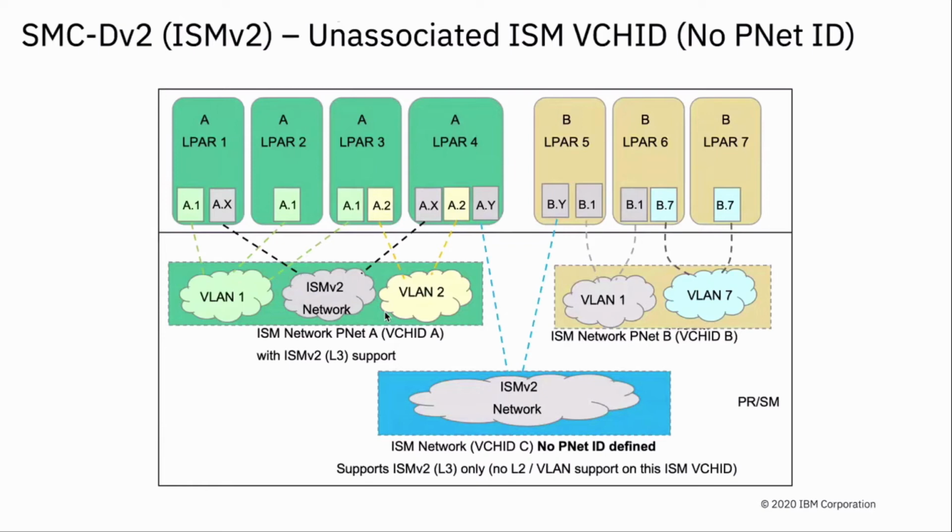All I did was define a VCHID, leave the PNetID off, and provision a FID to LPAR 4 and 5, and off they go. I'll use that FID depending on who I'm communicating with. The ones that are using PNet-A and PNet-B have up-level and down-level systems still using SMC, so they really need their old VCHIDs. But the two that are across the new VCHID are basically declaring that I don't need IP association with my old VLANs.